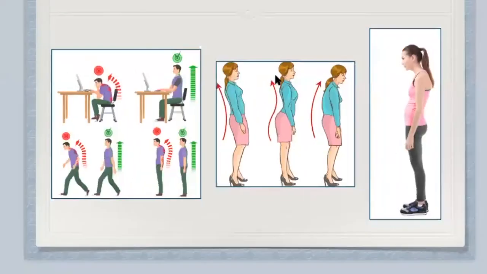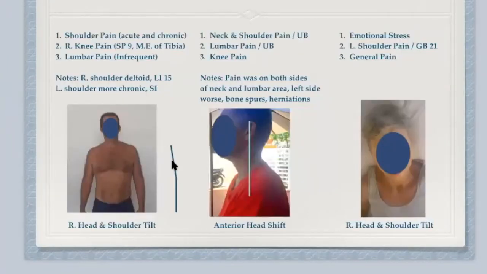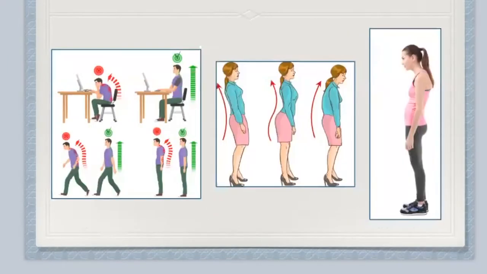So just some little cartoons here. If someone's got this going on, we talked about this client over here. He actually had that thing going on. I mentioned that. And here we see this anterior head shift as well. So when you have little bits of information like that, and you're plugging that into the 6 systems and using Dong's points, you're going to know whether the points on the hands are going to work best or the points on the feet are going to work best.